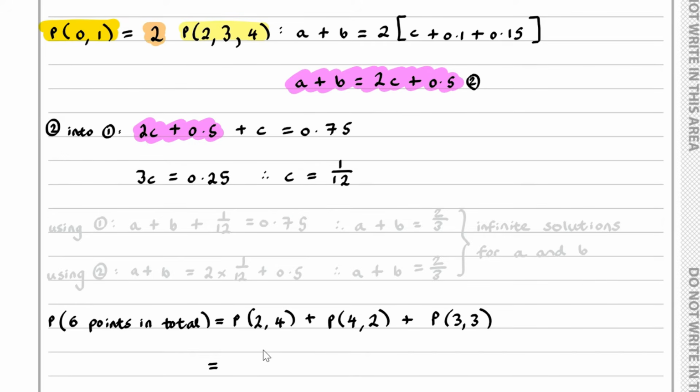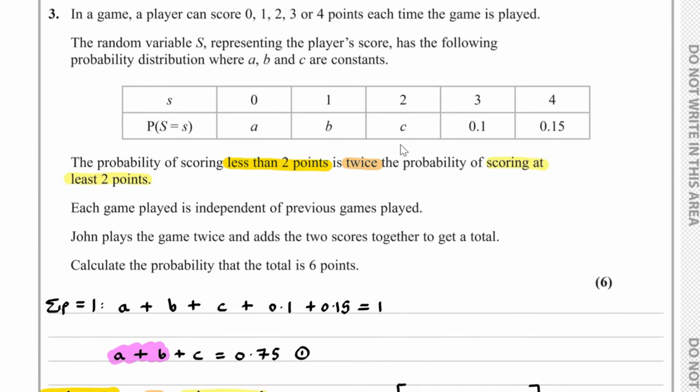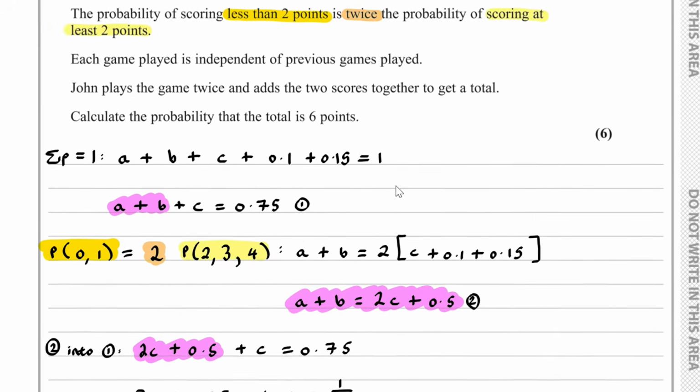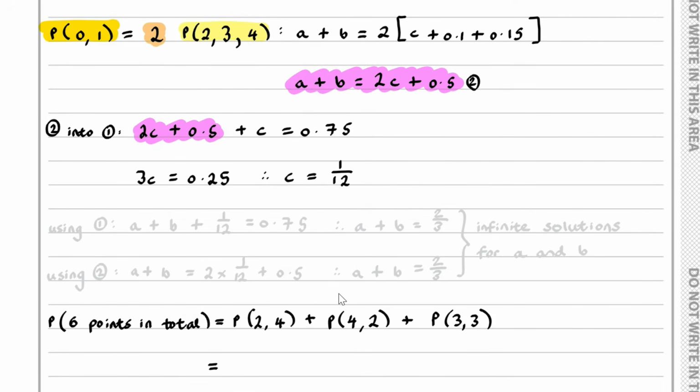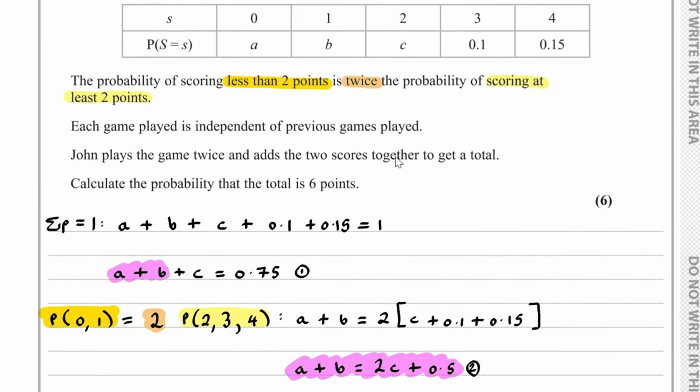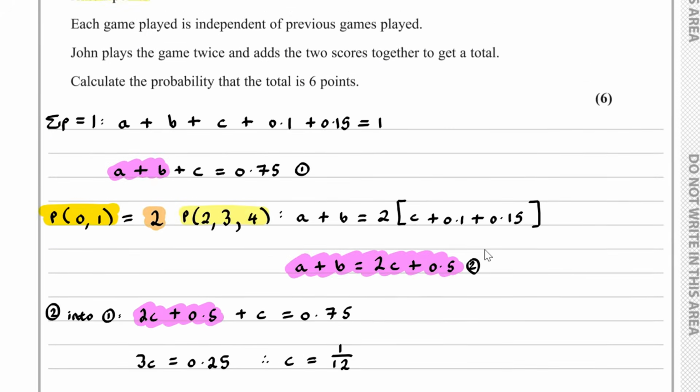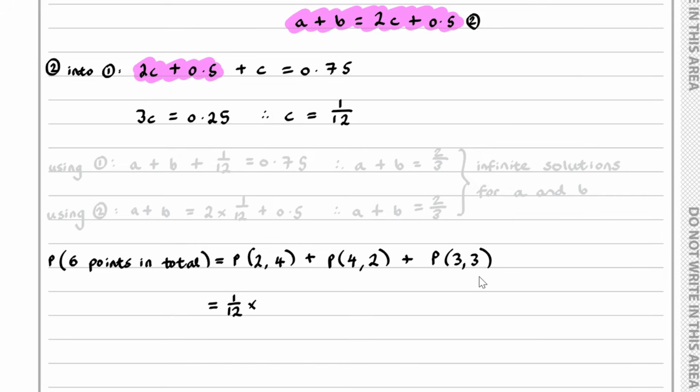So scoring a 2 in the first game, that probability corresponds to c, which we said was 1/12. And we have to get as well a 4, so that corresponds to the 0.15.